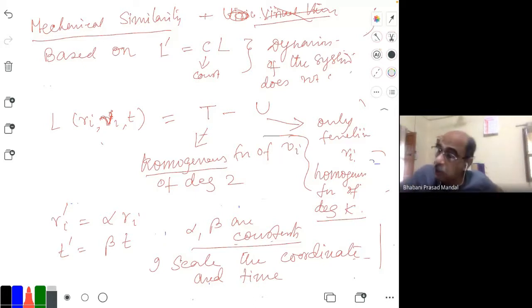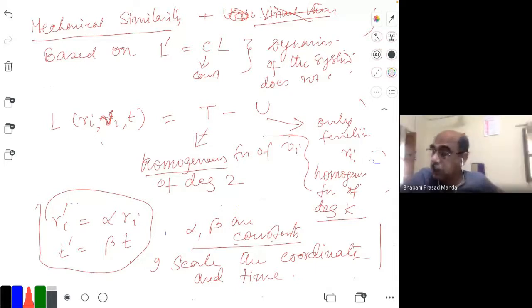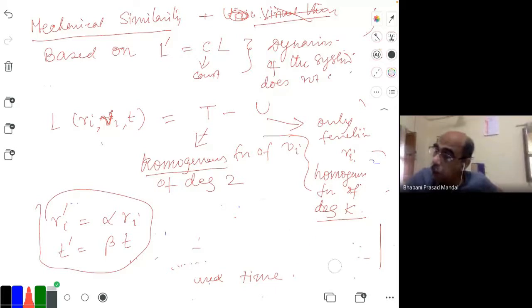So it's just a constant multiplication. And we want to see how this affects this Lagrangian, assuming these two things. Is that clear?